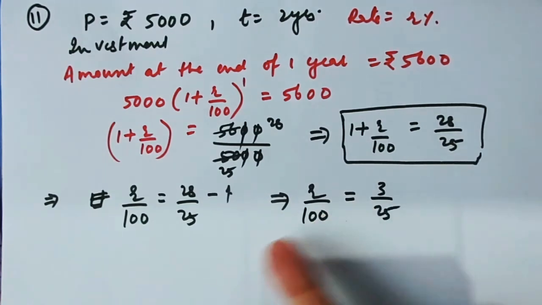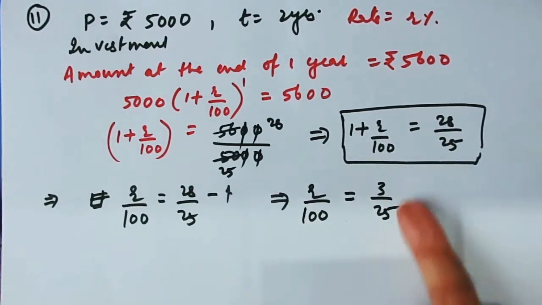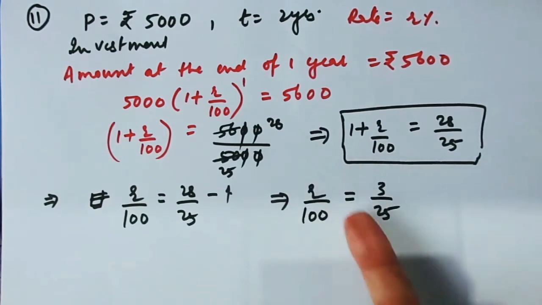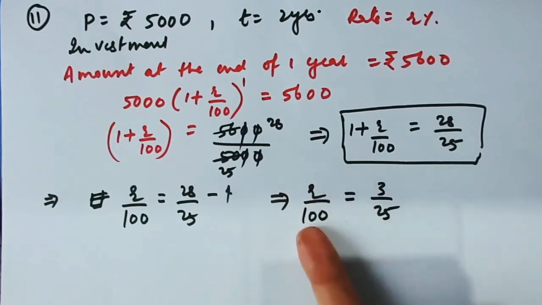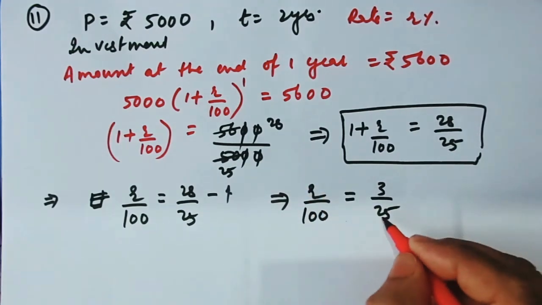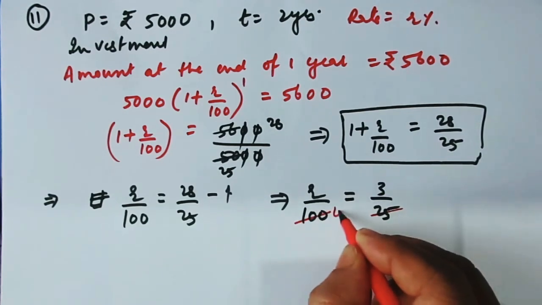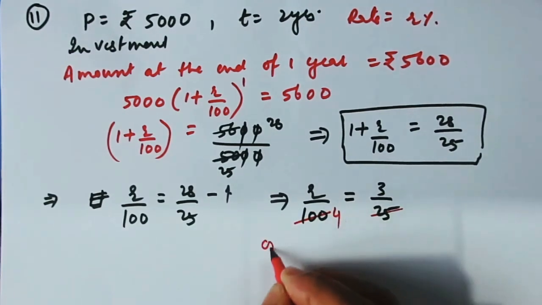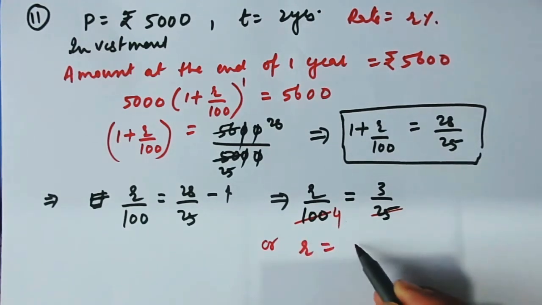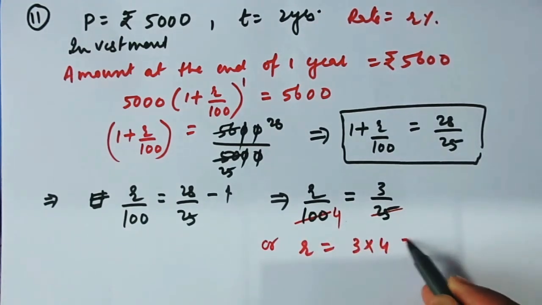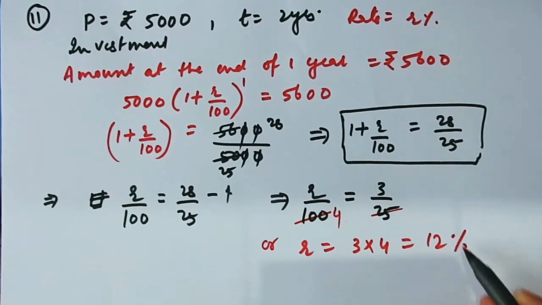Here both are in multiplication and division form, 3 multiplied by 1 by 25 multiplied by 1 by 100, so you can easily cancel. 25 fours are 100. So the value of R is 3 into 4. 3 fours are 12%.